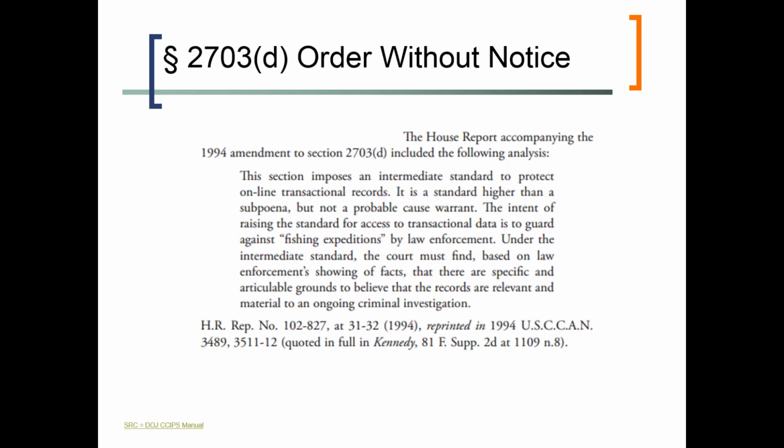Now, why have this intermediate provision? You can see this section of the legislative history that's reproduced in the CCIPS manual, and it's just imposing an intermediate standard, higher than a subpoena, lower than probable cause, and notice this statement of the intent, just to prevent sort of very broad fishing expeditions.